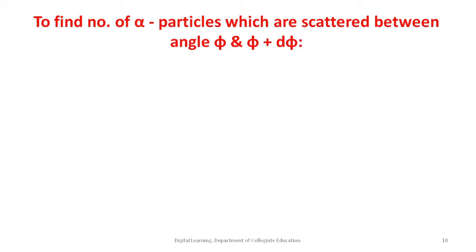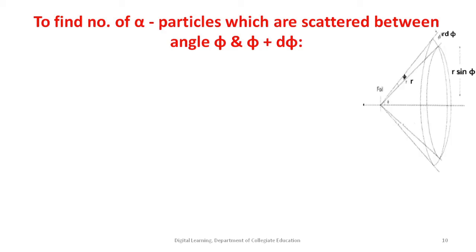Next, we have to find the number of alpha particles which are scattered in between phi and phi plus d phi. Consider this diagram.